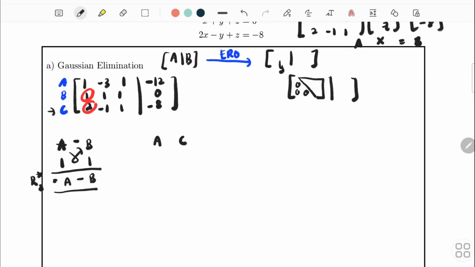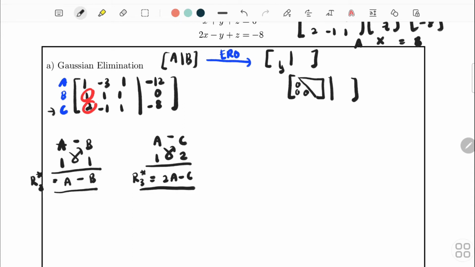So A will be with C, so the values here should be 1 and 2, the elements for the first column for row A and C. So you do it this way, and you get 2A minus C. This will give you the new R3, the new third row.